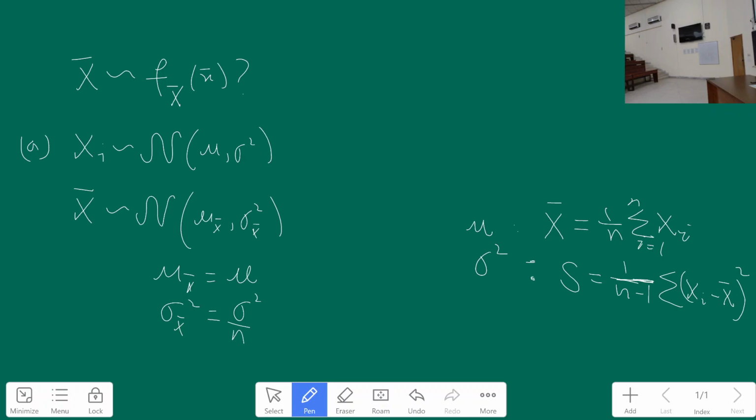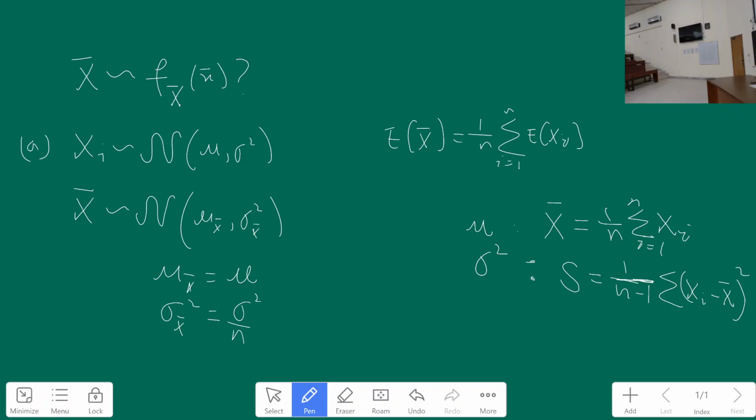So E of x bar equals 1 over n. We said the expectation is linear, E of x plus y is E of x plus E of y. So these are all summations. So it will be 1 over n, summation i is 1 to n, E of xi, isn't it? But what is the expected value? What is the mean of each one of them? You already said each one has the same mean, mu.